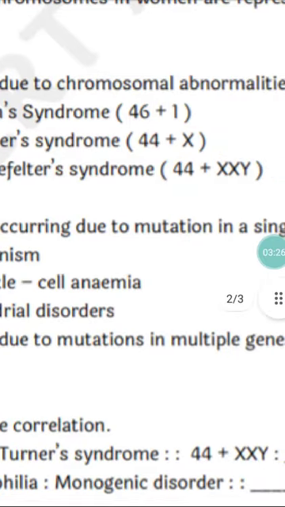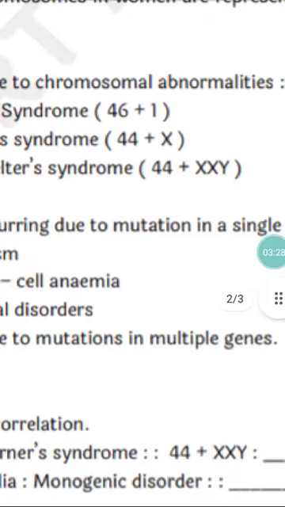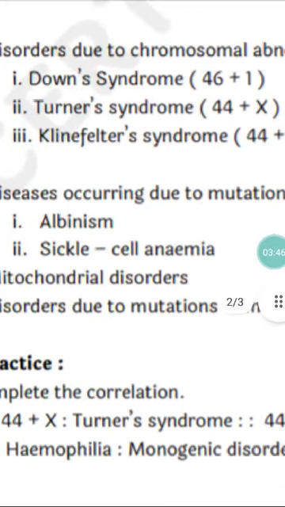And then Klinefelter syndrome. Here one extra sex chromosome is present, commonly written as 44 plus XXY. This disorder arises in men due to abnormality in the sex chromosomes, meaning one extra X chromosome is present.